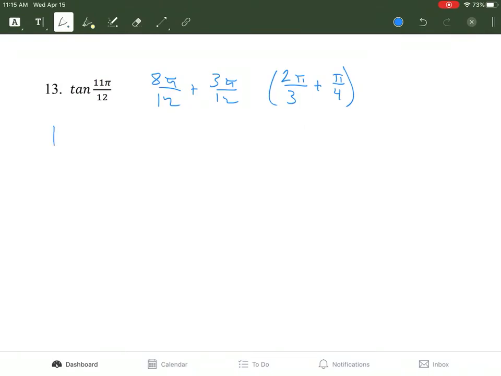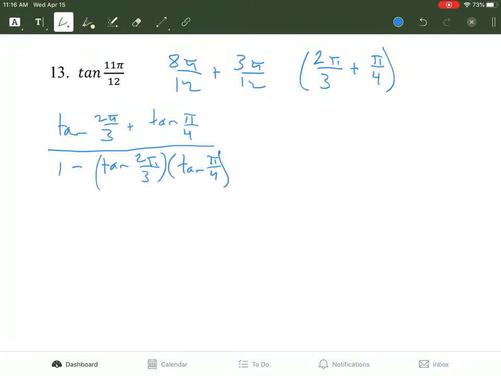So it looks like this: tangent of 2 pi over 3 plus tangent of pi over 4, divided by 1 minus tangent of 2 pi over 3 times tangent of pi over 4.